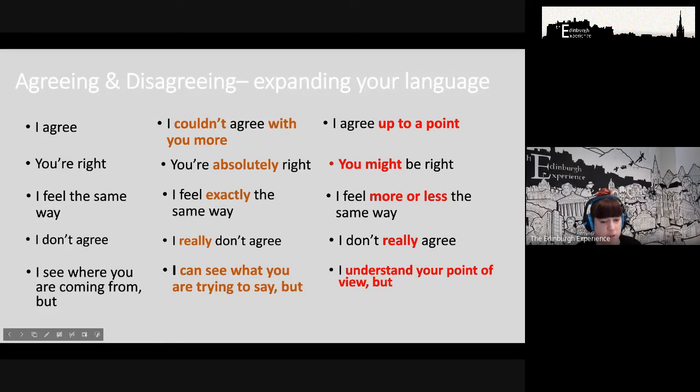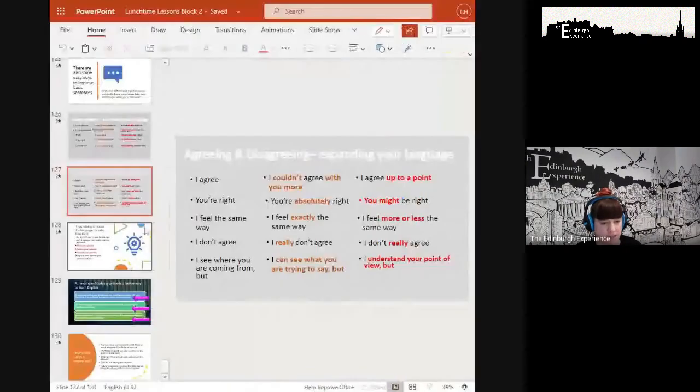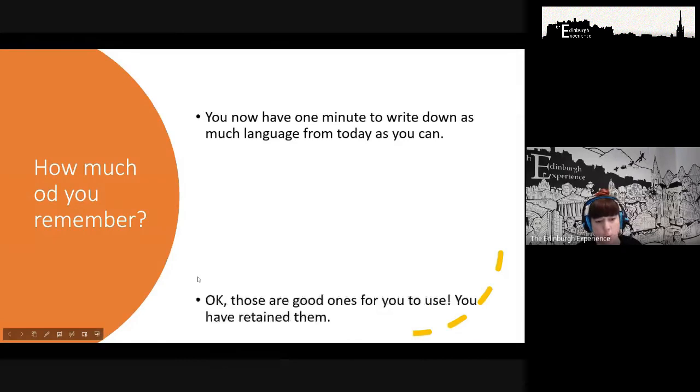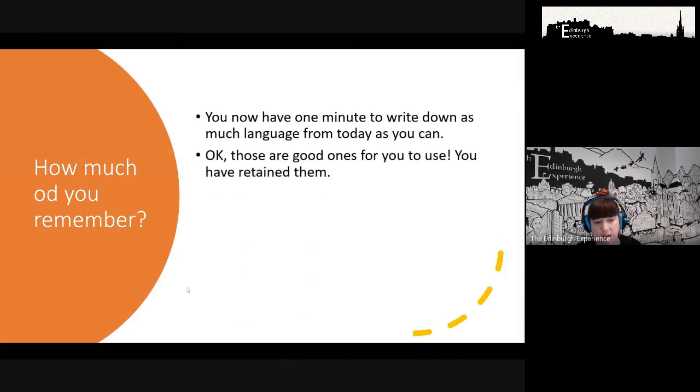Okay, so the purpose that served, if I just jump back to my last slide, the ones that you have remembered, those are really great ones for you to use because it means that you've retained them and they've stayed in your mind quite easily. Okay, so think about the ones that you did remember and that you wrote down and see if you can begin to incorporate those ones into your speaking.